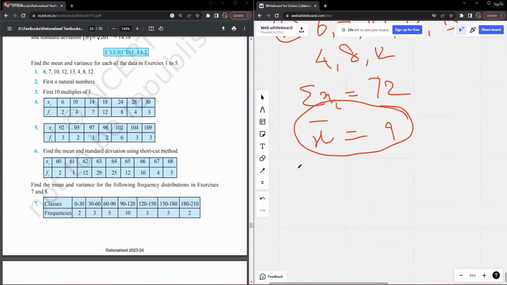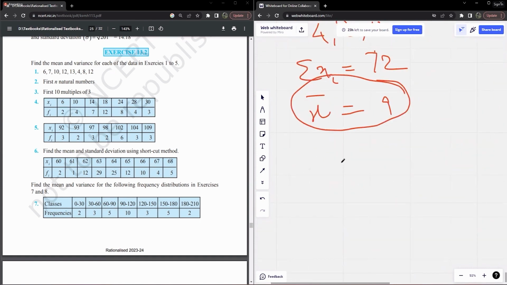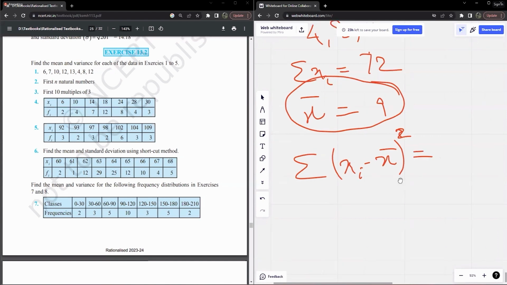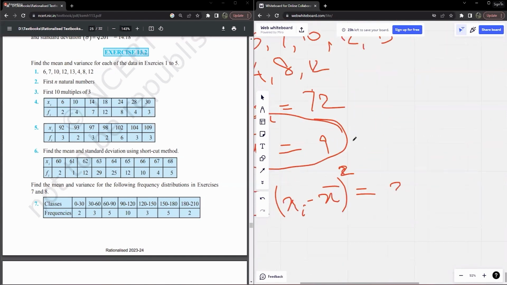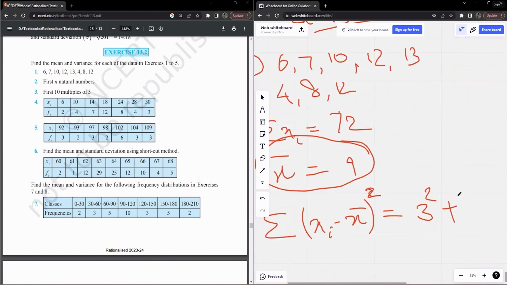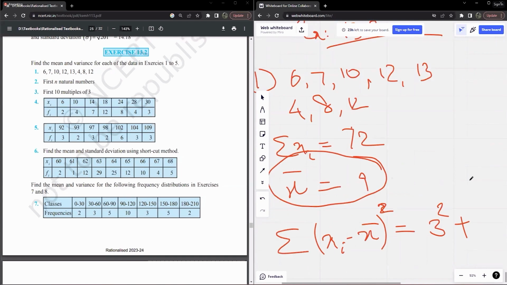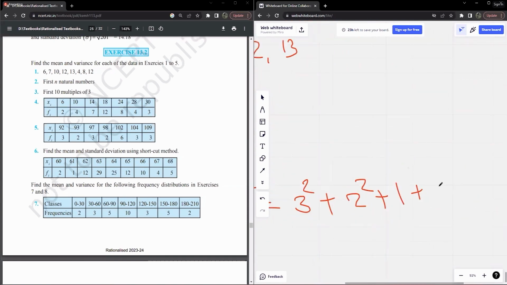Right? Then your variance is going to be sigma of xi minus x bar the whole square, which is equal to each of these minus 9 the whole square, right? 6 minus 9 is basically 3 square, plus this is going to be 7 minus 9, that is going to be 2 square, plus 10 minus 9, that is going to be 1. 12 minus 9 is going to be again 3 square.